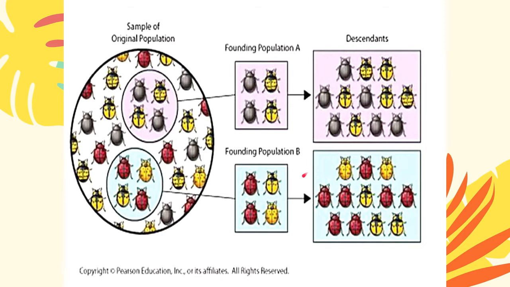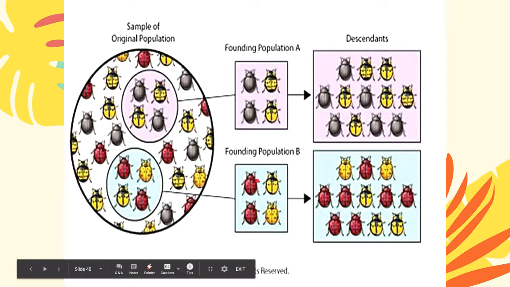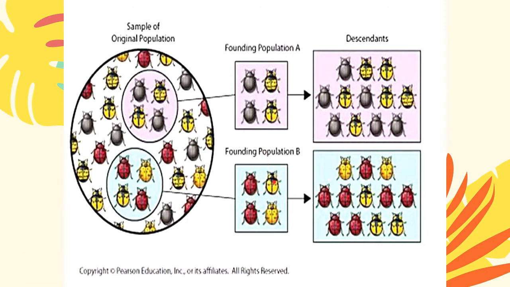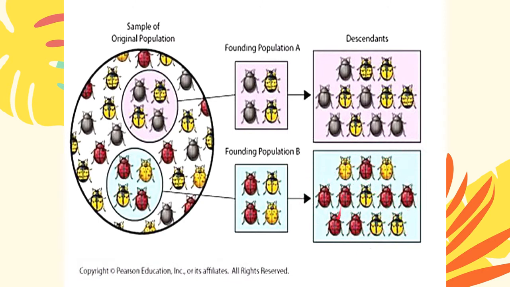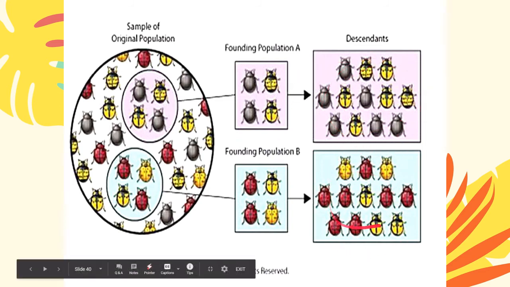While in the other founding population, for some reason, the red ones and the yellow ones are the ones who got selected, and after several generations, they are the ones who happen to evolve in this manner. They are the ones who pass on their traits. Now, this is the population living on one of the islands, and another population of beetles on the other island.